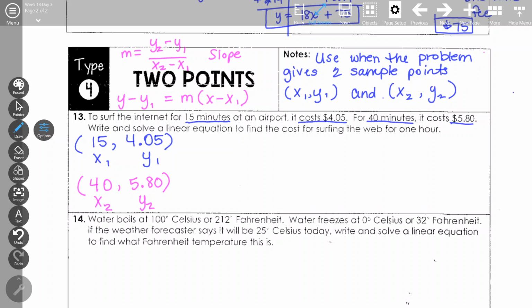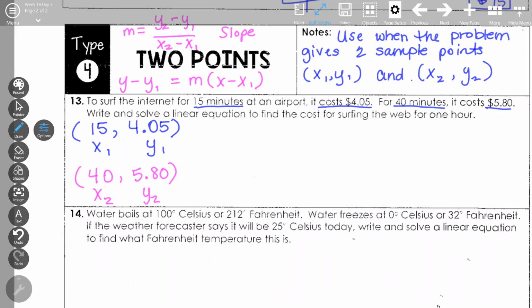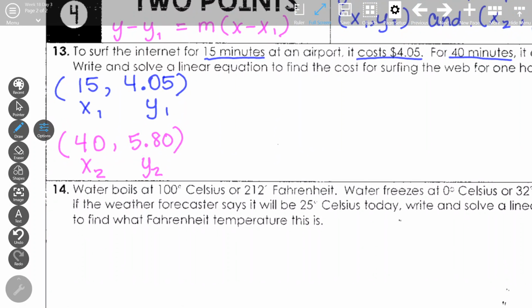All right, so let's find the slope. Here we go. I'm going to make this just a little bit bigger. We got m equals y sub 2 is $5.80 minus y sub 1 is $4.05, over x sub 2, which is 40, minus x sub 1, which is 15.